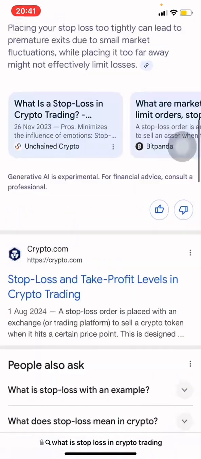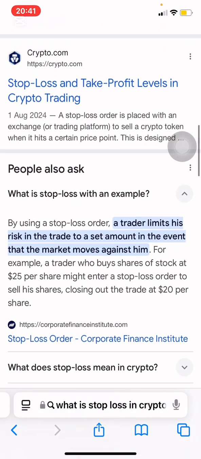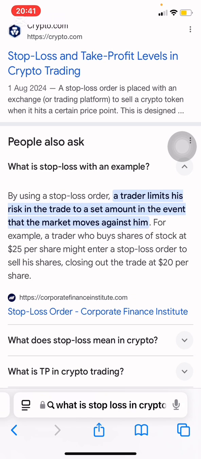But basically on how I can explain this, let me see if this can explain. This can explain it very well. By using a stop loss order, a trader limits his risk in the trade to a set amount in the event that the market moves against him, because the market at times can do what we call the fake price movements or the fake price action.